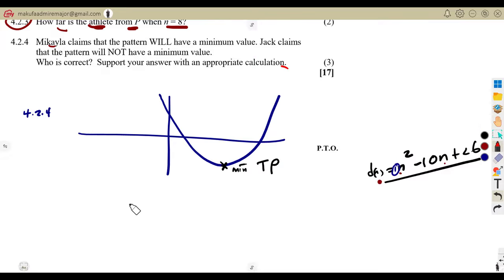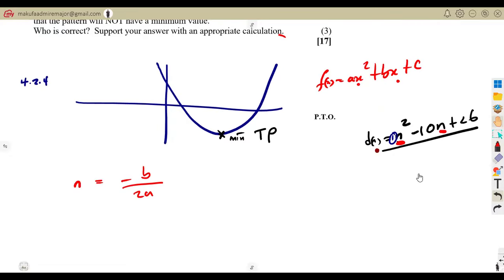Then we can calculate to tell if that minimum value can be calculated. Remember, at the minimum value, if you are given, let's say, f of x, at the minimum value, you use the value that x is equal to minus b over 2a. It is the same thing, but now we are talking about n at minimum value, not x. It's in terms of n, not x. So n at the minimum value must be equal to minus b over 2a.